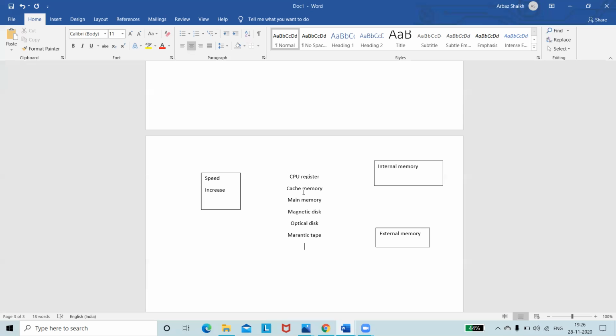Hit rate is the fraction of memory accesses found in the upper level, and hit time is the time to access the upper level, which consists of RAM access time and time to determine hit or miss. Miss means data needs to be retrieved from a block in the lower level. Okay, so this is a memory hierarchy here.